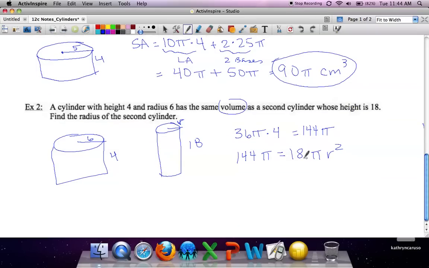If we divide through by 18 pi on both sides, we get 8 equals r squared. So the radius is the square root of 8, which is 2 root 2, if you want to simplify that.